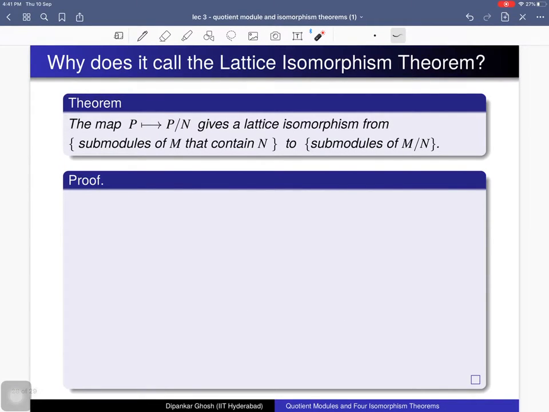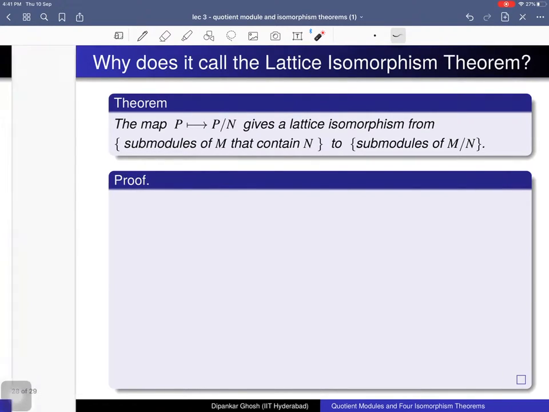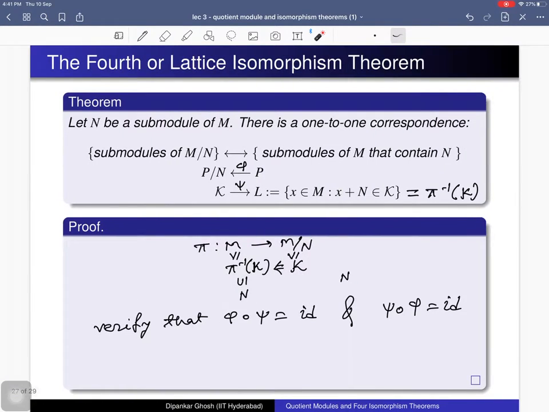Why is it called the lattice isomorphism theorem? Because we have just given a one-to-one correspondence between this lattice and this lattice. So this is the lattice of submodules of M mod N, and this one is the sublattice of the lattice of submodules of M.